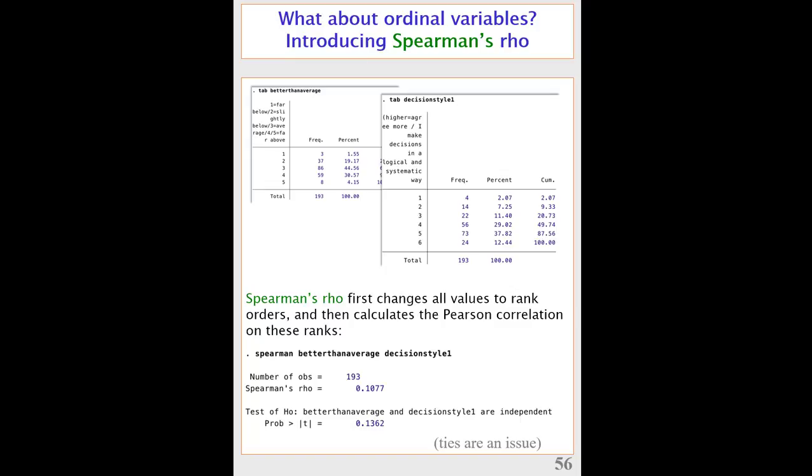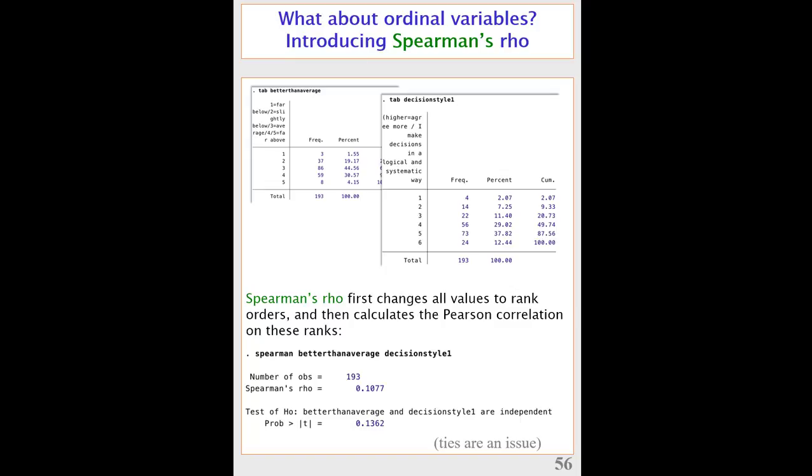There's order in there, that's obvious, from left to right they go from smallest to biggest, but we cannot, in all likelihood, say that the difference between far below and slightly below is the same as between slightly below and average. So we know that there's order in there, but the scale is not very well defined, and for that we have something to run a correlation on as well.